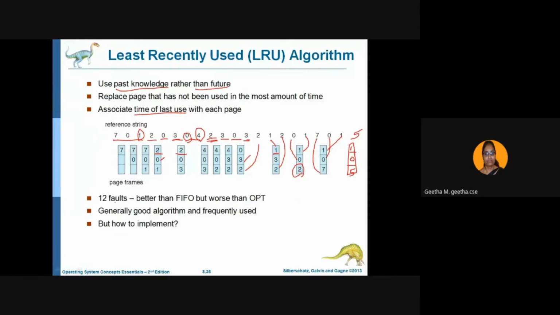LRU is 12 page faults. So comparing LRU with optimal and FIFO, LRU has produced fewer page faults than FIFO.